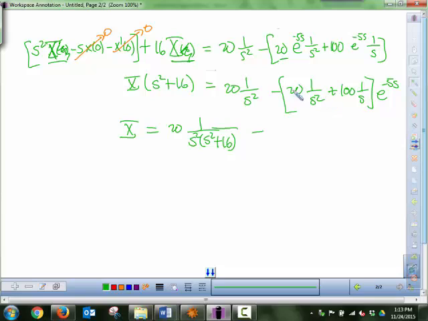Let's combine it. So s squared is the common denominator. And if I combine this, I'm going to get 20 plus 100s. Is that correct? Did I do that correctly? I made it into one denominator, and I divide by s squared plus 16.